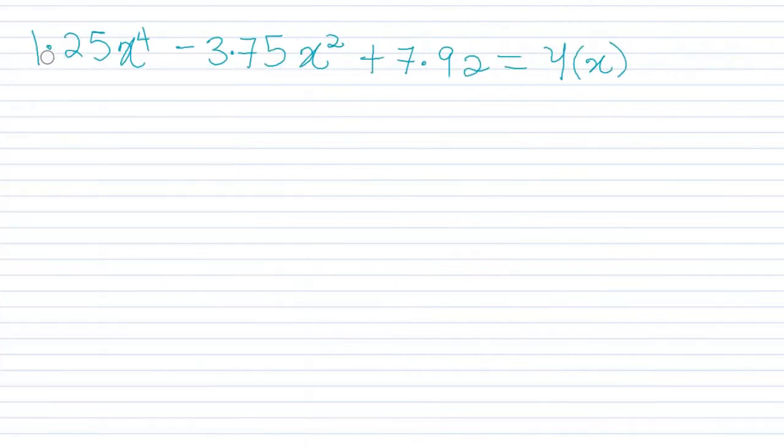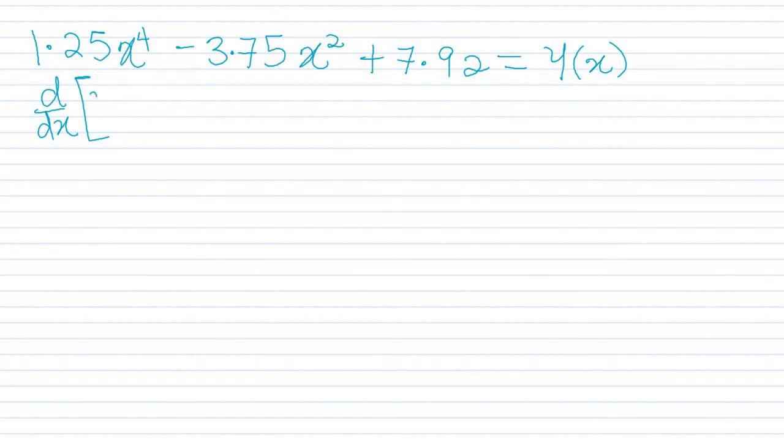So now this is it. y of x equals 1.25x to the 4th minus 3.75x squared plus 7.92. So the first thing we're going to do is to apply differentiation. So we end up with d/dx. We're going to differentiate this function with respect to the variable, and the variable that we're dealing with is the variable x.